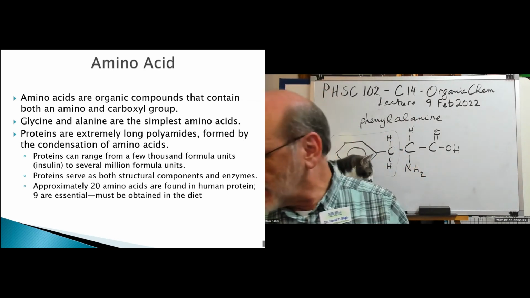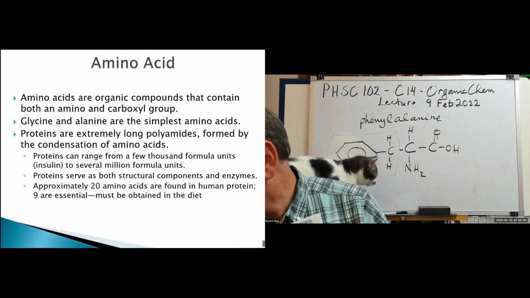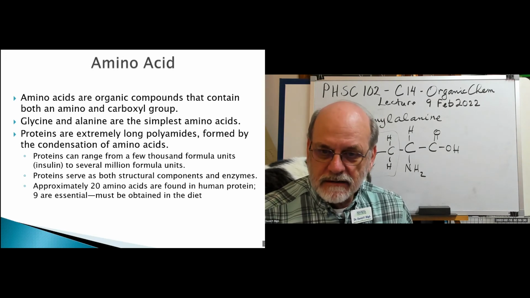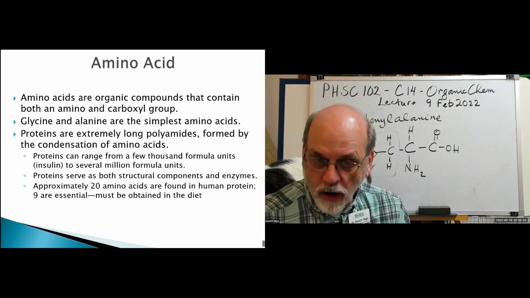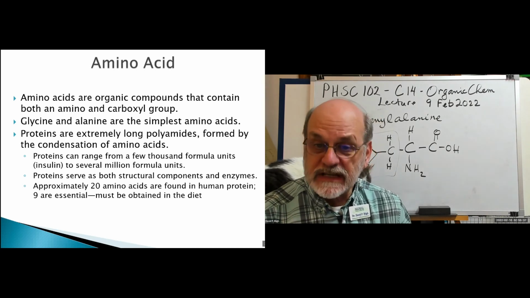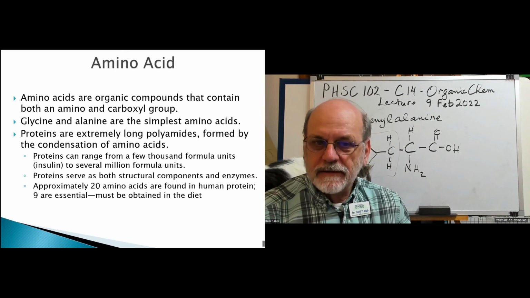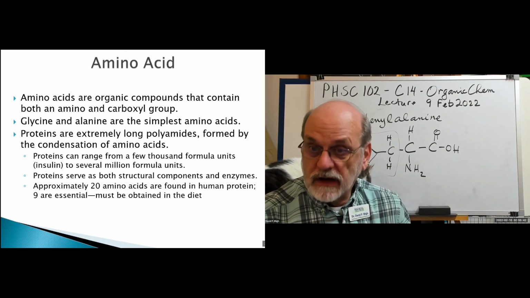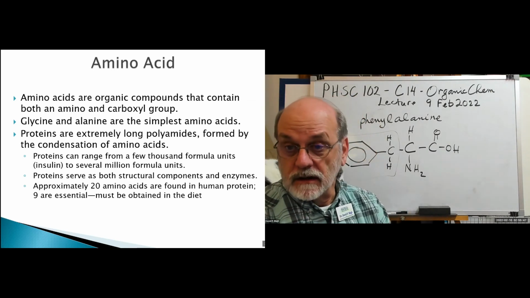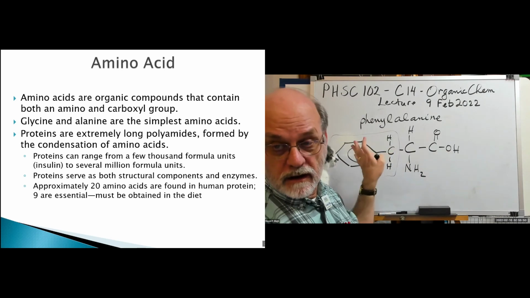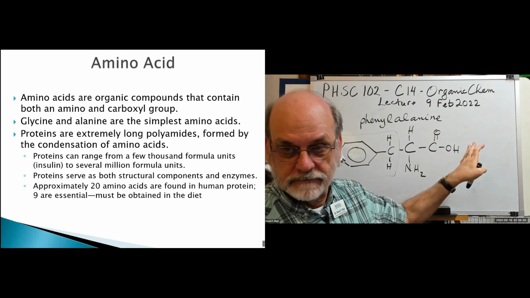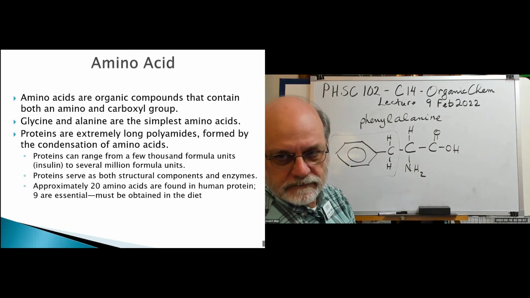Okay, what's so great about amino acids? Amino acids are used by cells in our bodies and in plants as well to make proteins. So proteins can do a number of different things. Well, what is a protein first? It's a polymer. You string lots of these together and you get a protein. So how do you do that?